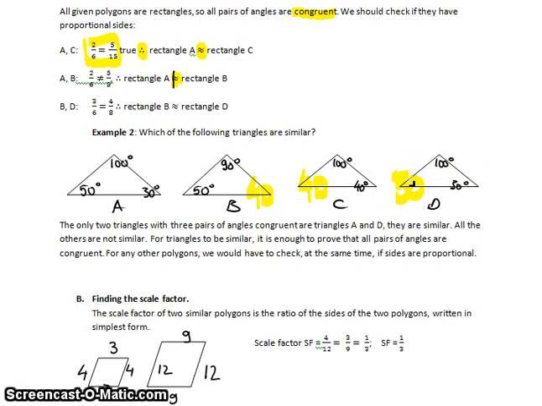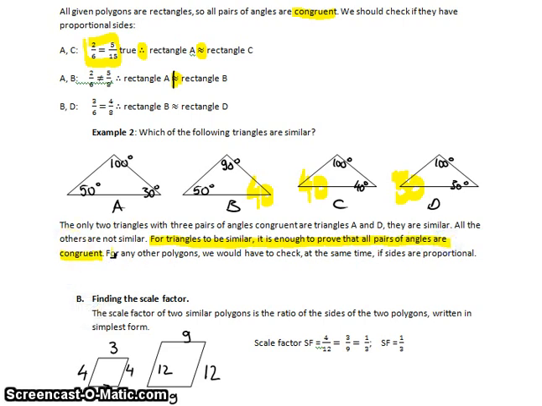The only two triangles with 3 pairs of angles congruent are triangles A and D. Therefore, the two triangles are similar. All the others are not similar because they do not have all 3 pairs of angles congruent. Now, for triangles to be similar, it is enough to prove that all pairs of angles are congruent.